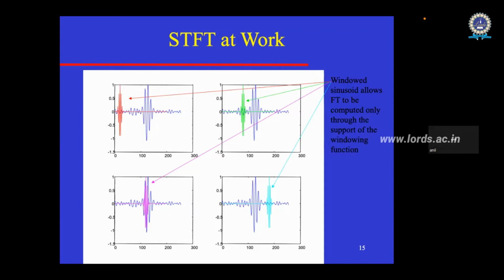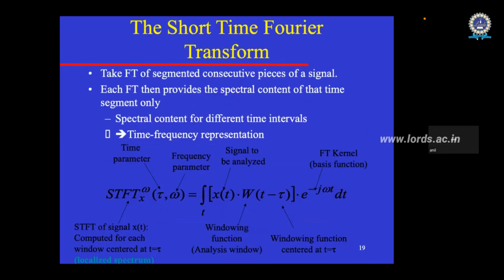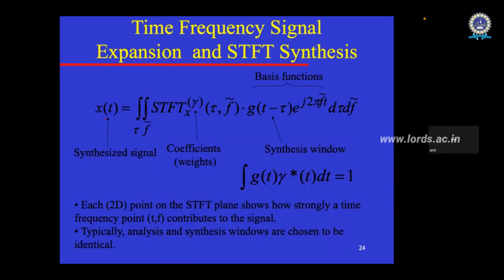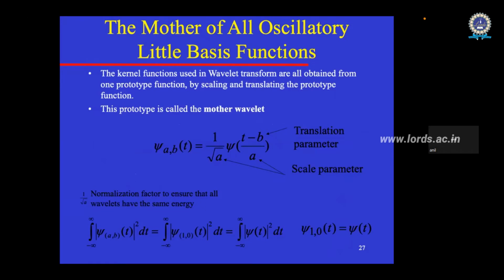You understand what the bad concept of the Fourier transform is. We are trying to represent a small signal which is there from 0 to 250 samples, or 0 to 2 seconds, for example, using basis functions which are there from minus infinity to infinity.